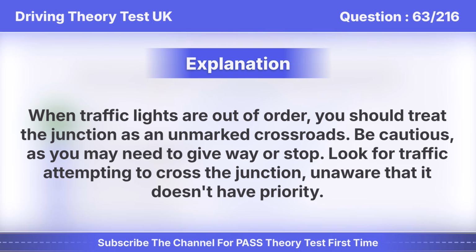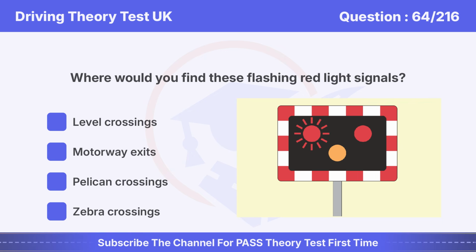When traffic lights are out of order, you should treat the junction as an unmarked crossroads. Be cautious, as you may need to give way or stop. Look for traffic attempting to cross the junction, unaware that it doesn't have priority. Question 64. Where would you find these flashing red light signals?